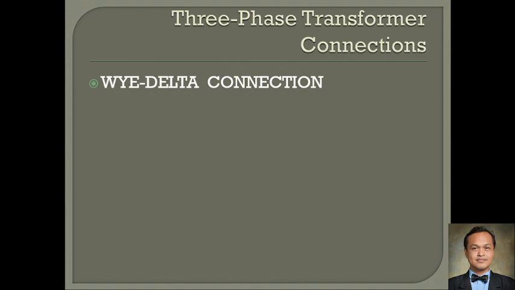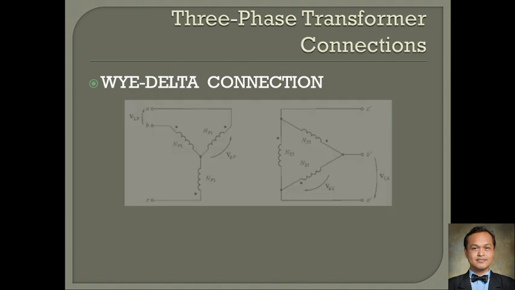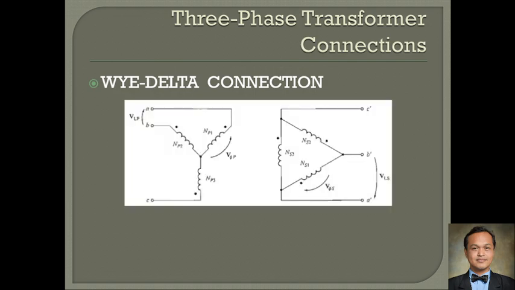Now, the Y-delta connection only means that the primary side is connected in Y while the secondary side is connected in delta. The turns ratio relationship for this type of connection is that the line voltage of the primary side over the line voltage of the secondary side is equal to the square root of 3 times the turns ratio.